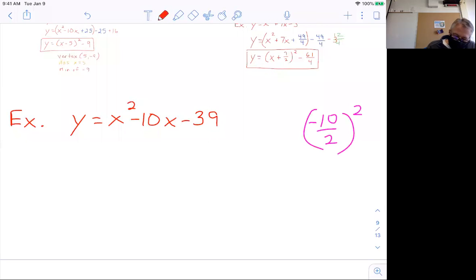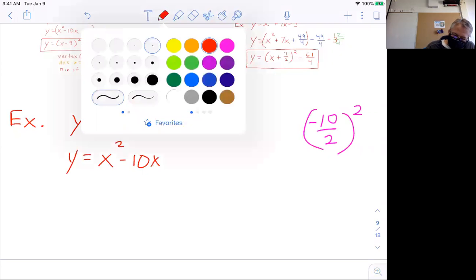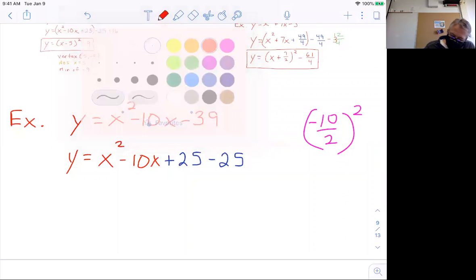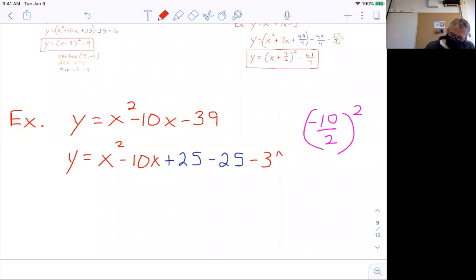So our next line is going to be y equals x squared minus 10x, and then plus 25 and minus 25, and then minus 39.